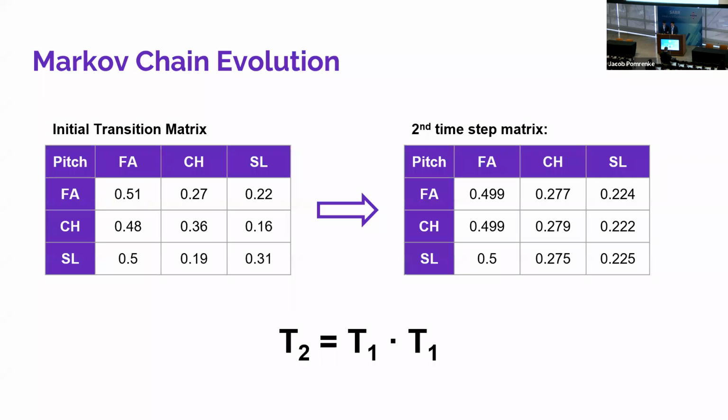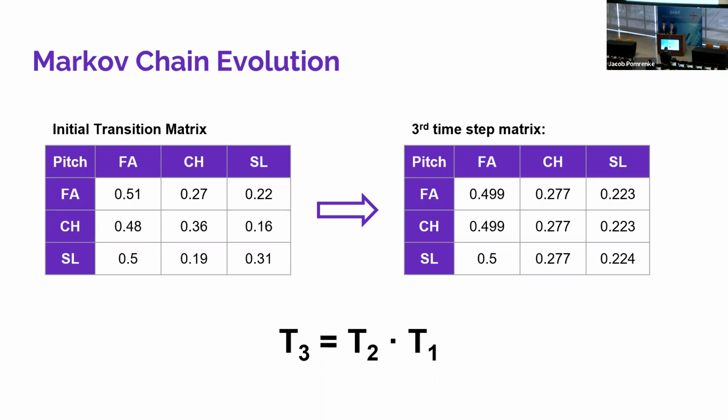What this chart on the right shows is that given that Alcantara throws one of these pitch types on the left here, the row headers, these numbers represent the probability he will throw the pitch types at the top for his third pitch. So this is the second time step matrix, and the probabilities are referring to his third pitch.